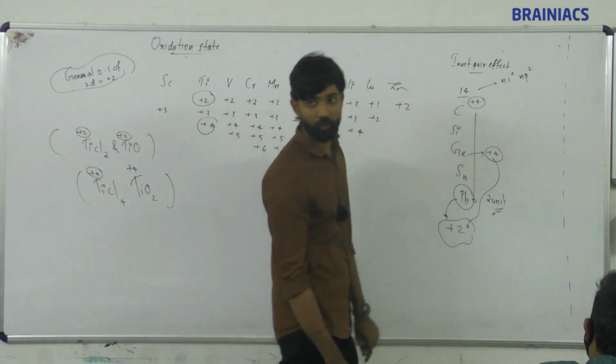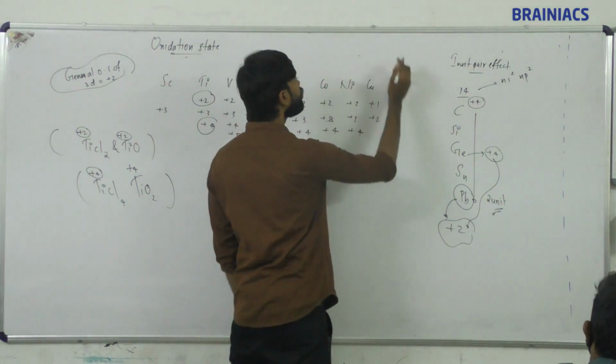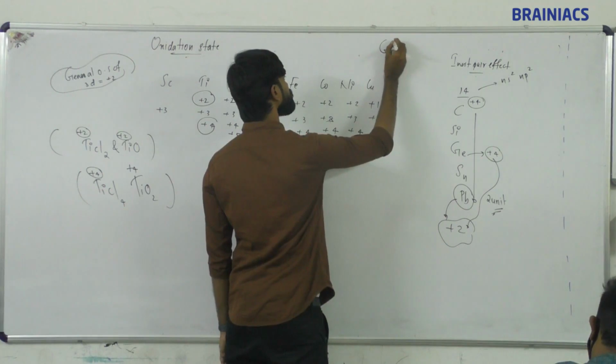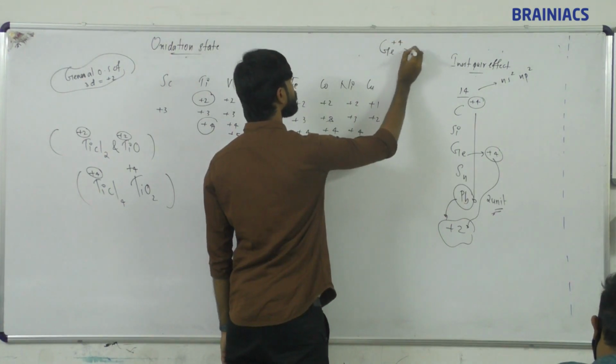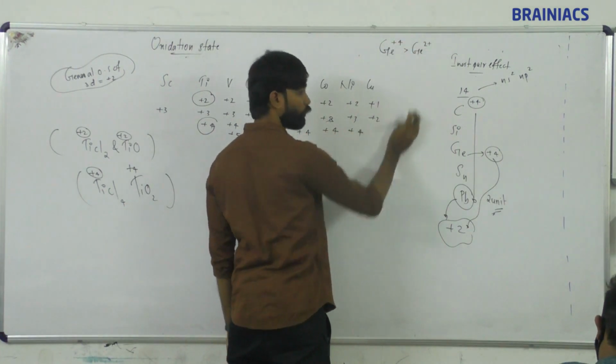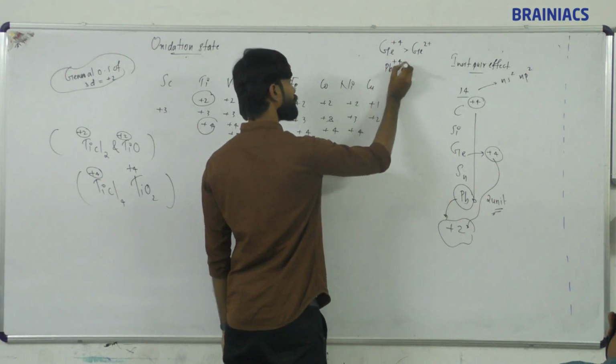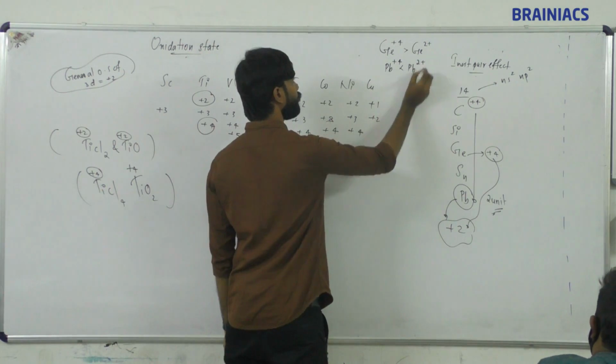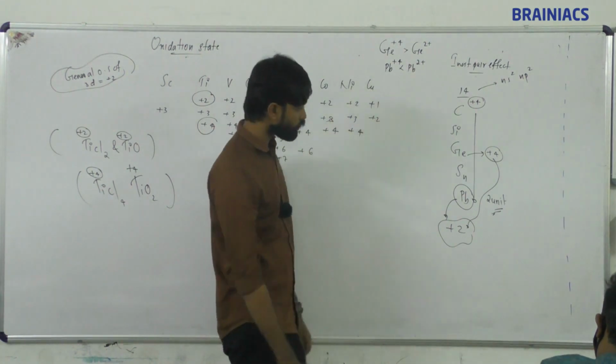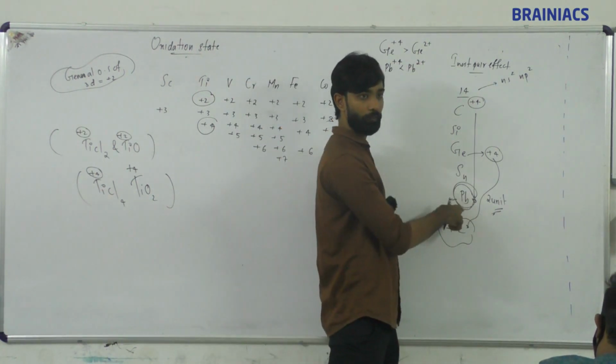That is, the stability of Ge4+ is greater than Ge2+, but the stability of Pb4+ is less than Pb2+, because Pb is a heavier member.